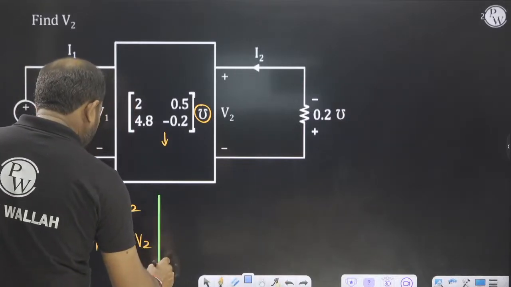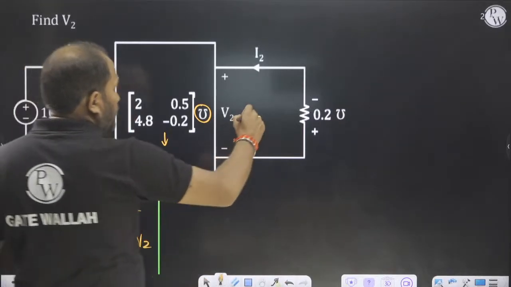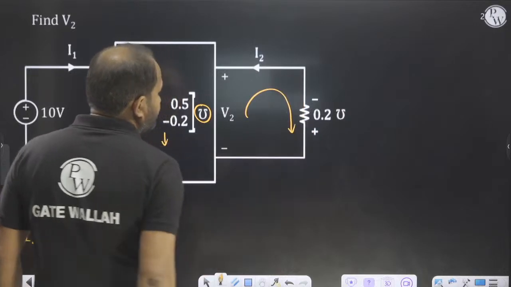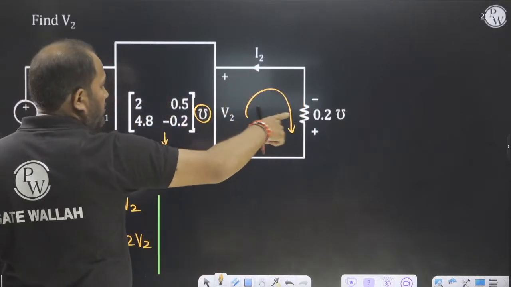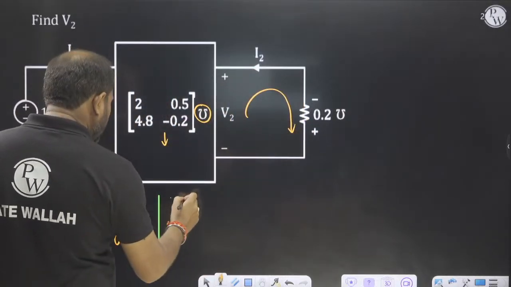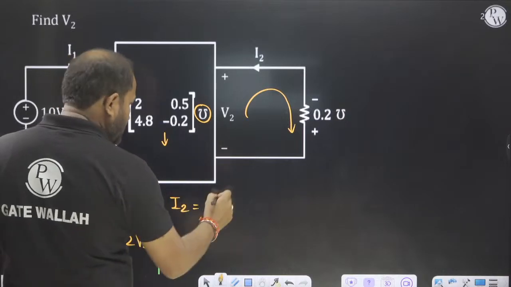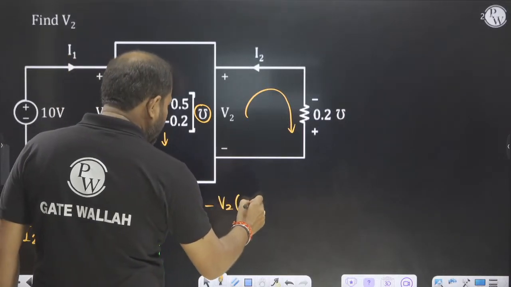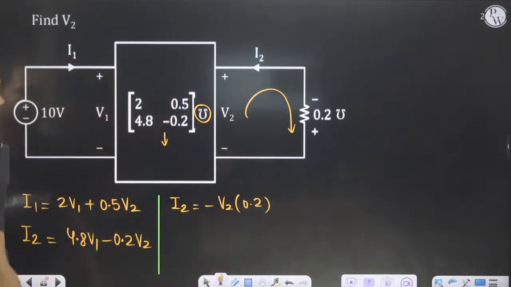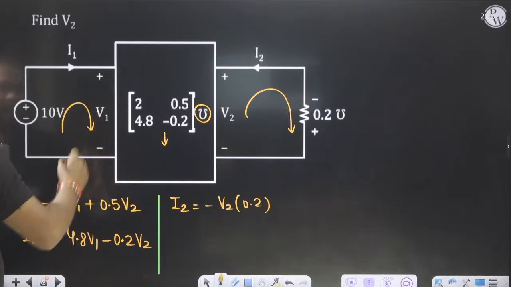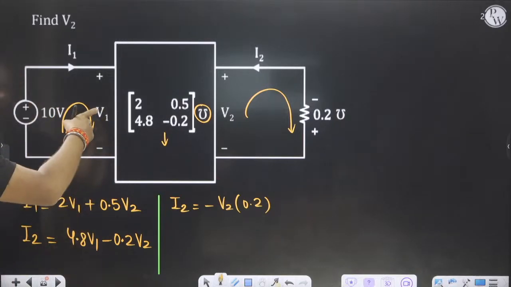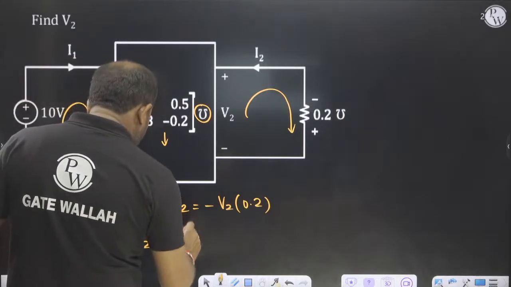Then we have two KVL equations. The first KVL equation is here. So I2 will be equal to minus V2 into 0.2. And in this KVL equation, V1 is equal to 10 volt.